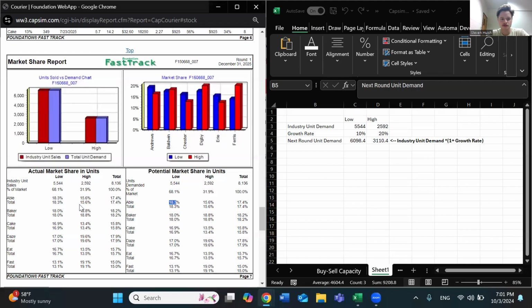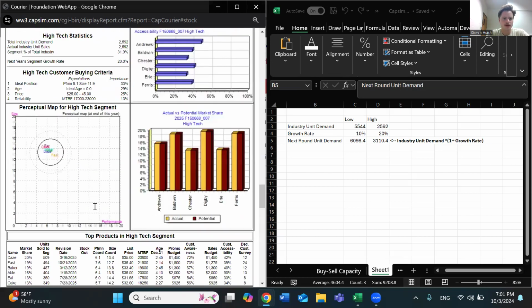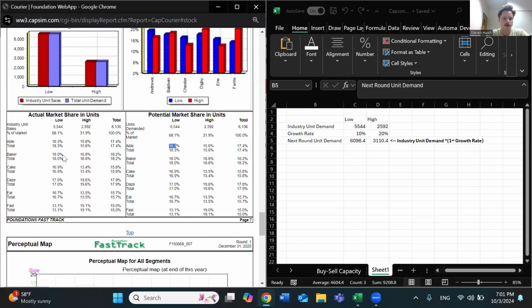You also can't over forecast too hard if you follow these numbers here. So if you guys remember from before, I had about 100 units left over. This is reflected in my actual market share. This isn't saying my market share, including the ones that I didn't sell, was 18%. This is saying only the things that I sold were 18% of the market share.